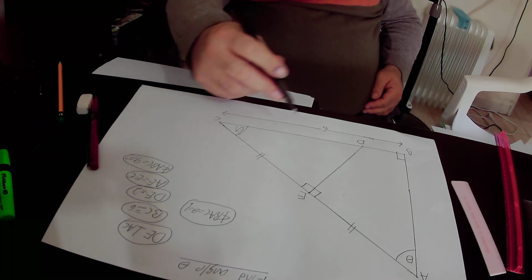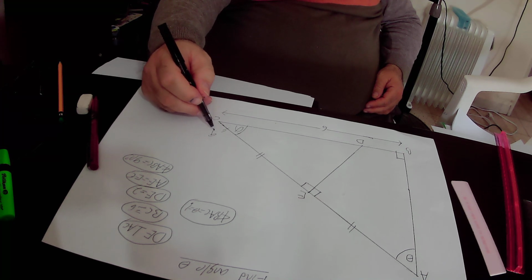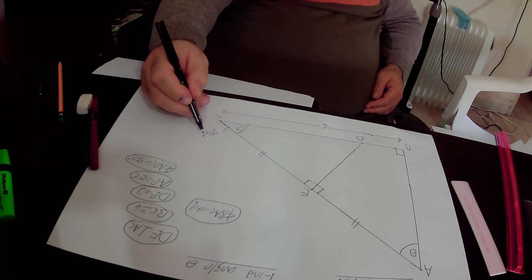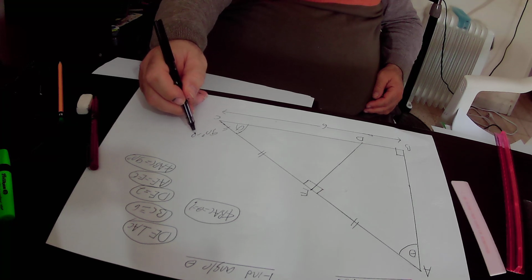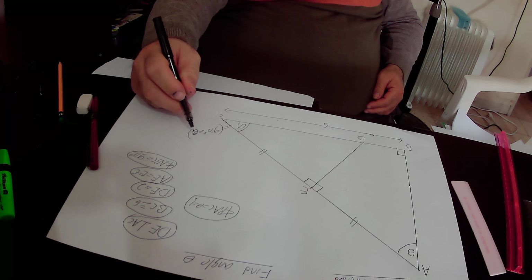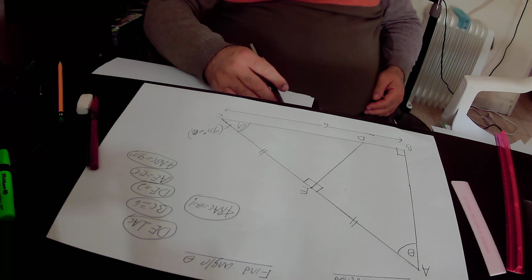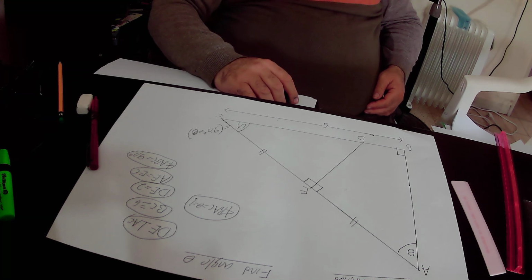In the first method we found that this angle also equals 90 degrees minus theta. So actually we have the equation here, that alpha equals 90 degrees minus theta. In the next step I will copy the right triangle ABC in a new page, and we will analyze the right triangle ABC.